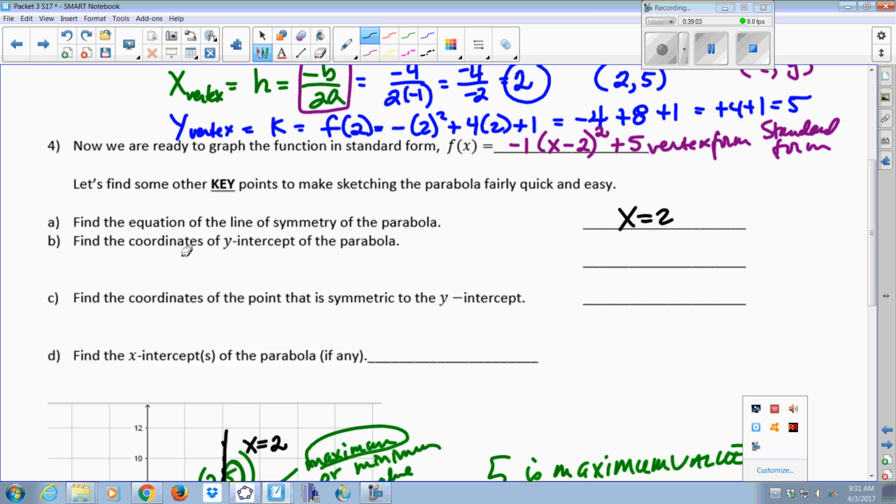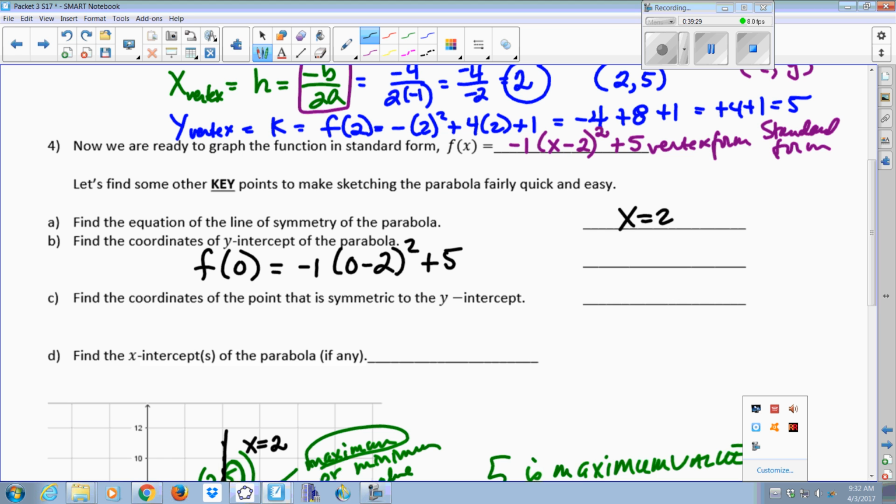And now how about the y-intercept? Well, the y-intercept is plugging in 0, x equals 0. So my equation will look like this: 0 take away 2 squared plus 5. So you see, John, right here in this form, the 5 is not the same as the original y-intercept.